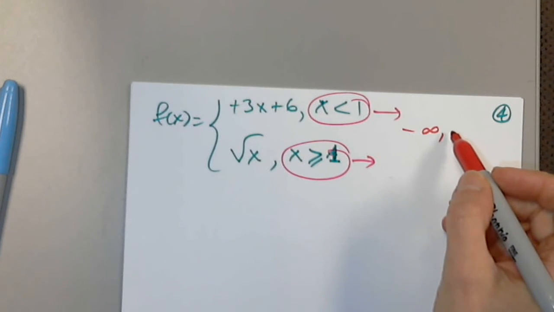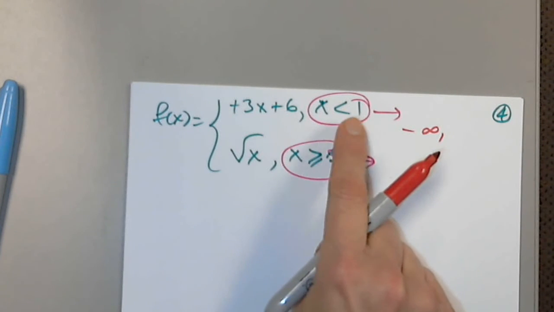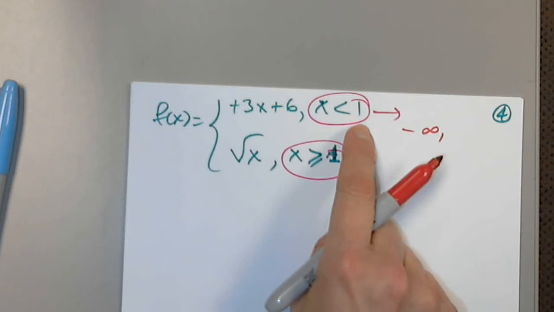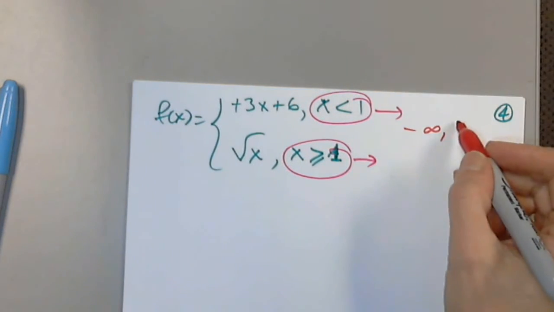Negative infinity to... No, I said positive. Is that wrong? x smaller than 1. Which side is x smaller than 1? This is 1. Which side is smaller than 1? This way or that way? Negative. Right. So from negative infinity to 1 is smaller than 1. Good.